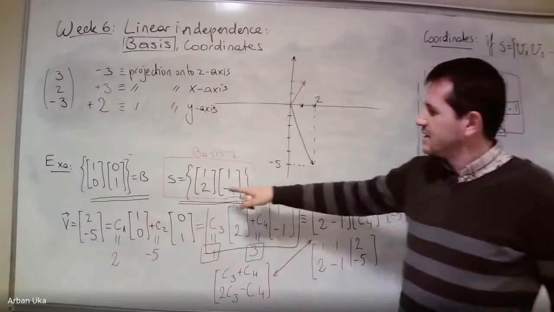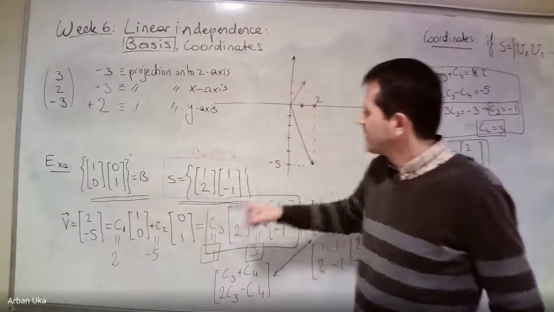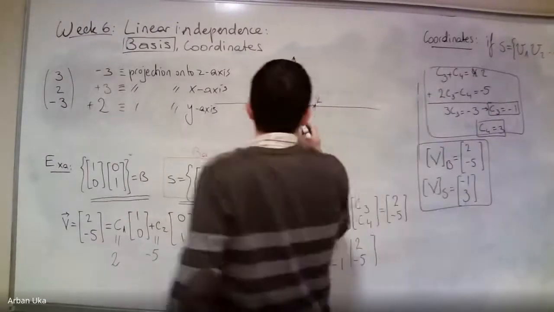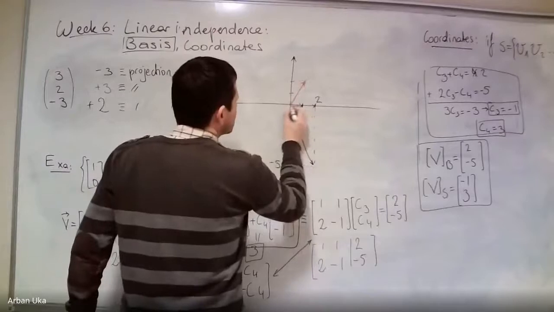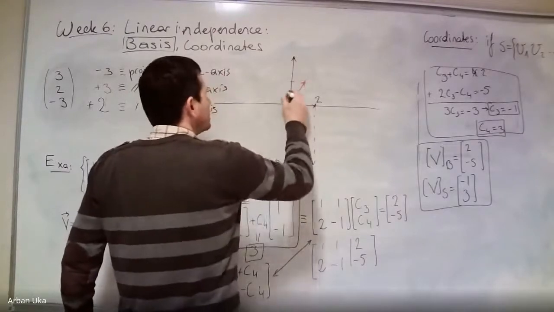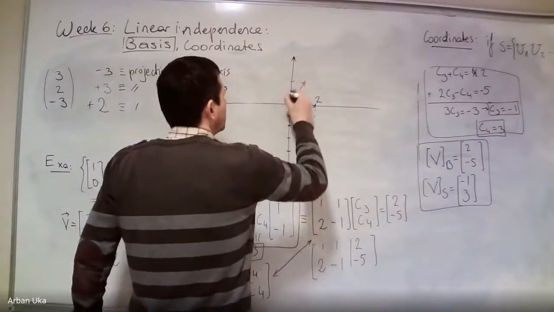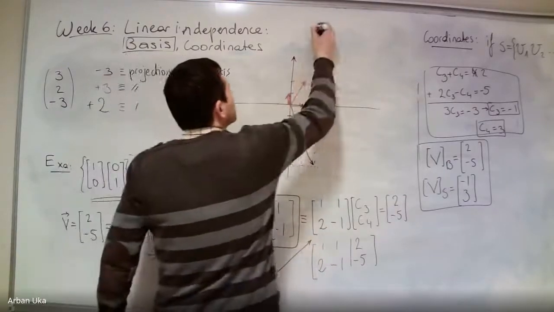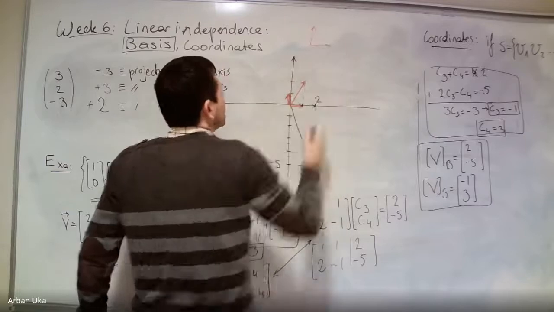But the basis is this, and so the basis 1, 0, 0, 1 is going to be this. So this is 1, 0, this vector, and this is 0, 1. Actually, this is the initial basis. The initial basis is 1, 0, 0, 1. This is how it looks.